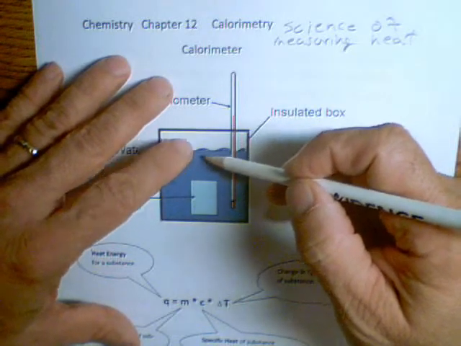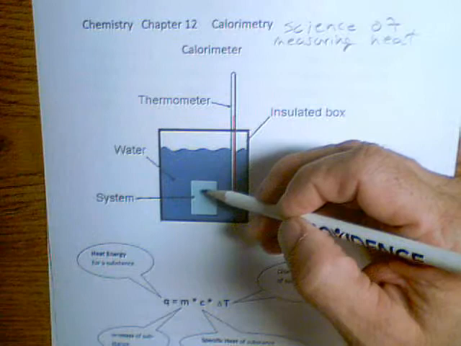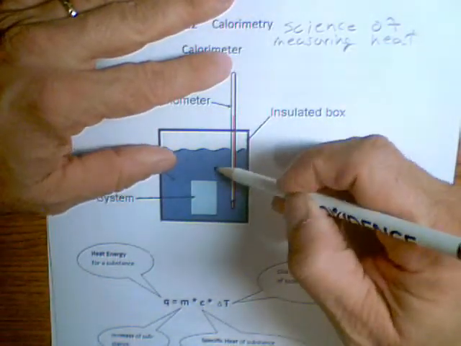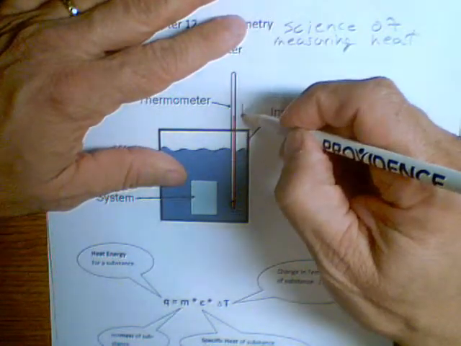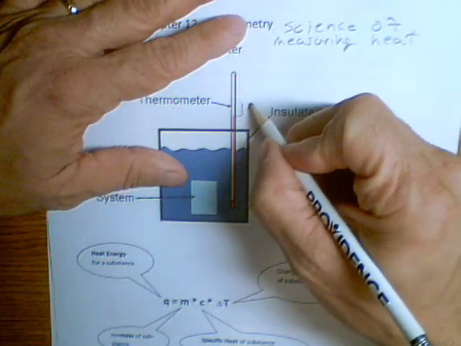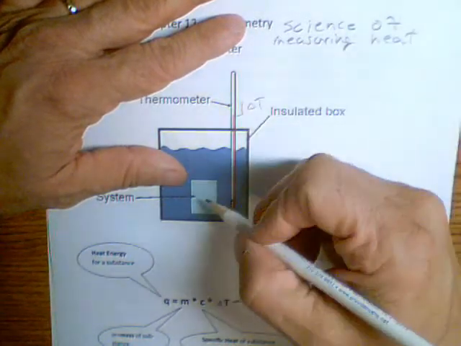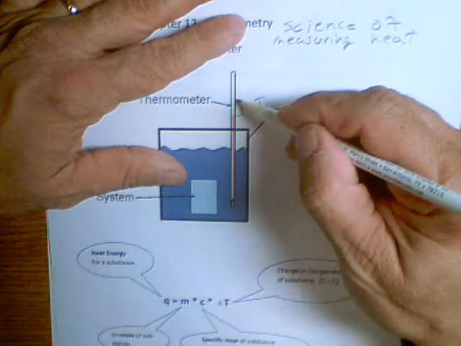We can measure that energy, because energy can't be created or destroyed, it's really just transferred. We measure it with a change in temperature, and we call that change in temperature delta T. So we put some hot metal in here, the temperature changes, that's delta T.